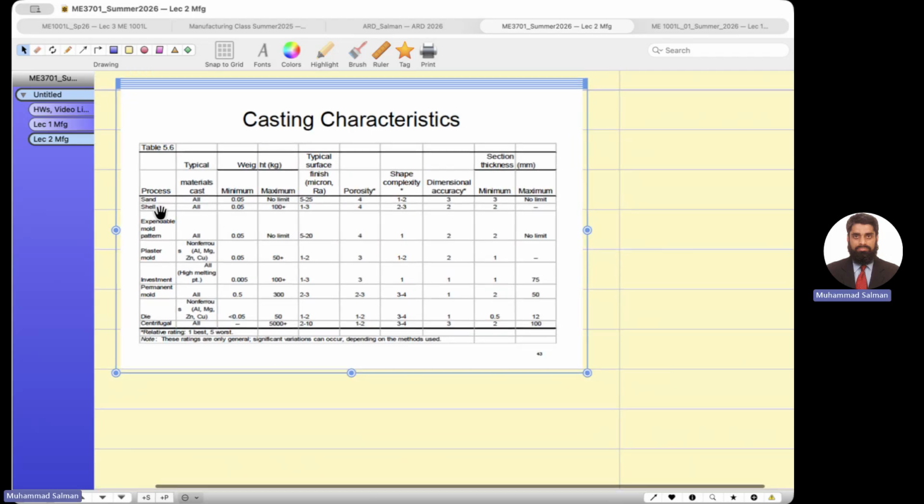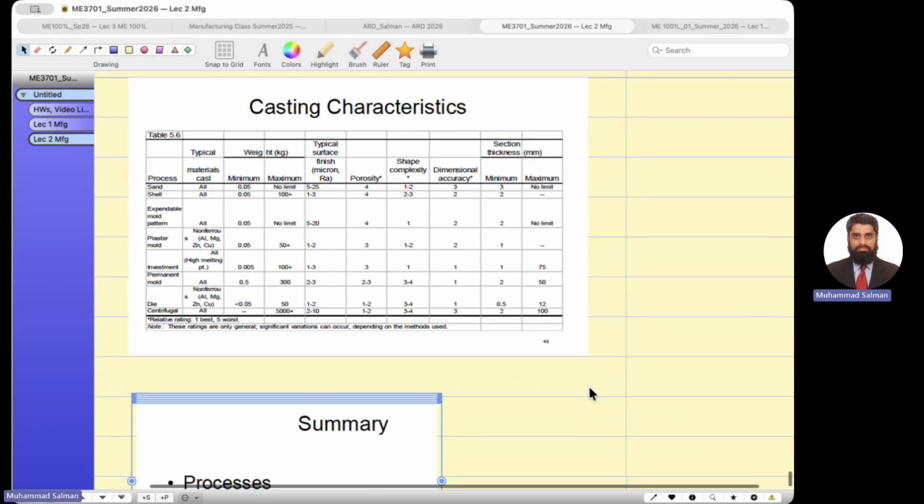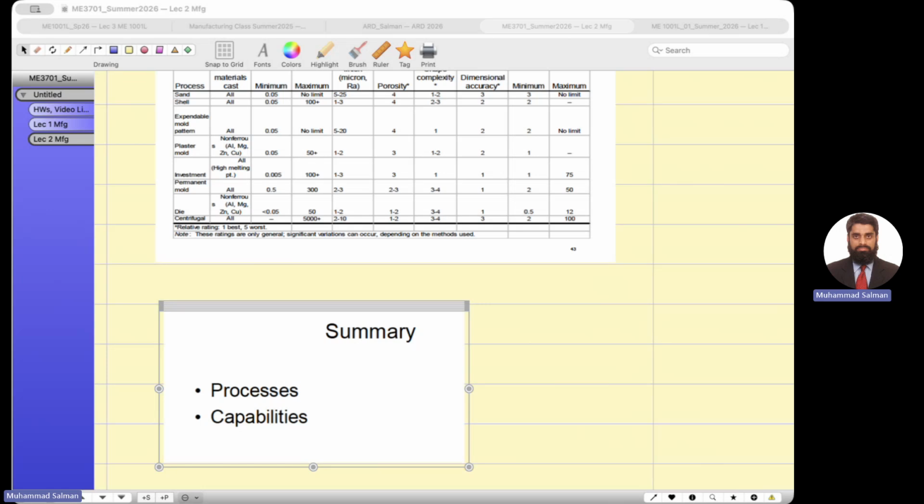And the casting characteristics. The process is sand, the porosity, dimensional accuracy, surface finish 5 to 25 microns. So you learn about the processes and capabilities in these slides.